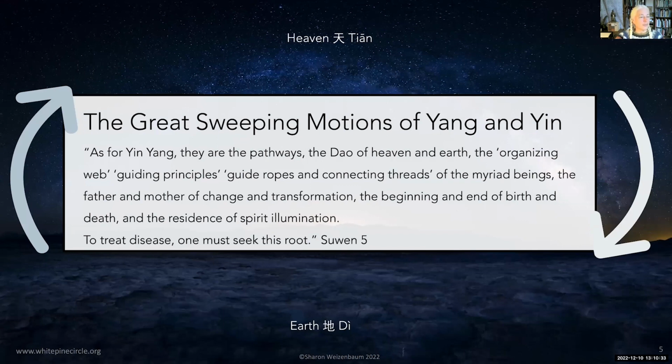It says, as for yin yang, they are the pathways, the Tao of heaven and earth, the organizing web or the guiding principles or the guide ropes and connecting threads of the myriad beings, the father and mother of change and transformation, the beginning and end of birth and death, and the residence of spirit illumination. To treat disease, one must seek this root.